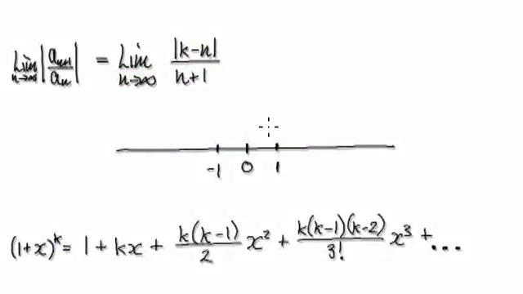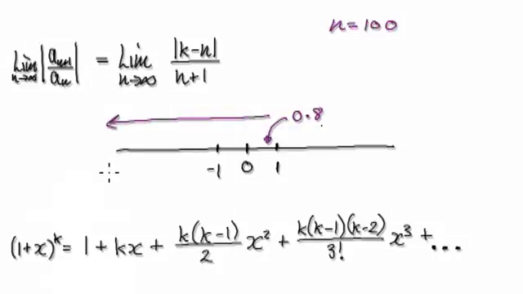Let's just say k is 0.8. So now let's say n could be 1,000, it could be 1 million. Let's just say it's 100. So now when k is 0.8, you take away 100.